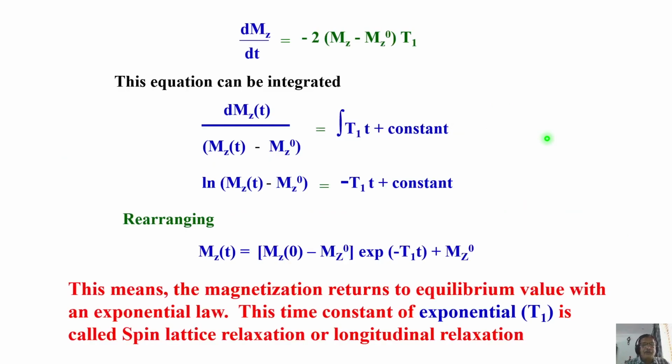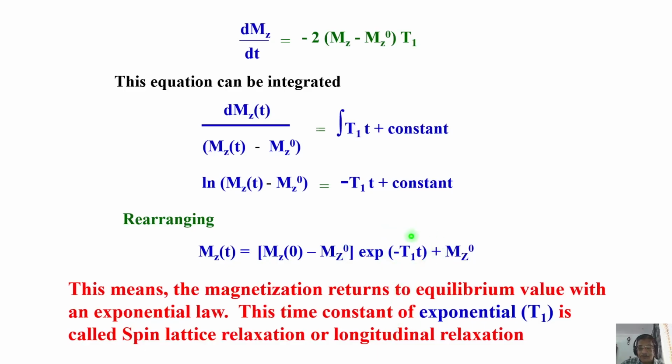Now put this equation and do some jugglery. You can integrate this equation, do some rearrangement of the mathematics, and then you get an exponential term. This shows how the magnetization returns to equilibrium when it is deviating from equilibrium. After some time, it will come back to equilibrium by an exponential function.